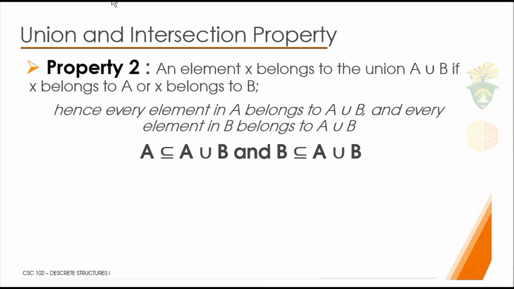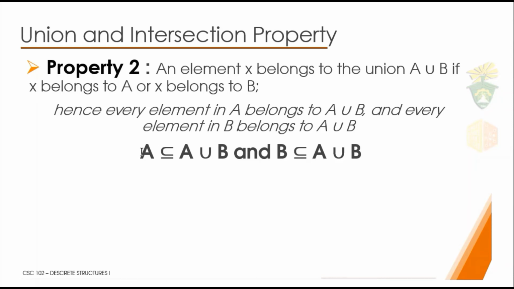The next property, property 2, states that if you have an element X that belongs to the union, that is an element of A union B, this X could belong to A or this X could also belong to B. So hence every element in A belongs to A union B and every element in B belongs to A union B. Of course, because we unioned A and B. So every element from A and B is found in the union of both sets.